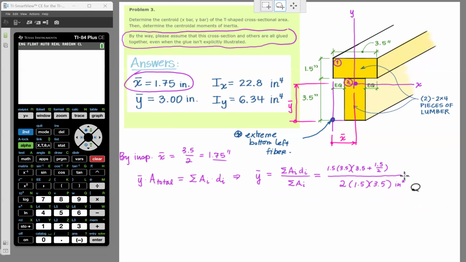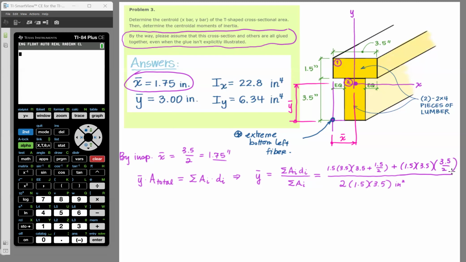Okay, so the first term I have is A1D1, and I need to add to it A2D2. Well, area 2 is 1.5 times 3.5, and distance 2 is from that reference axis here to the center of that component. So that vertical distance is going to be half of 3.5.